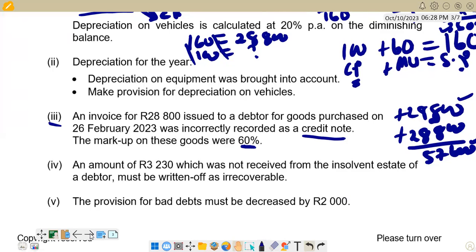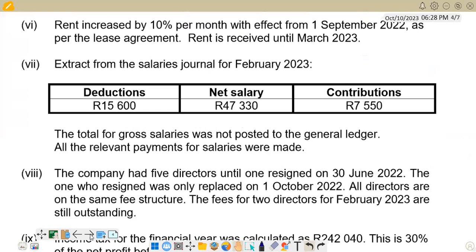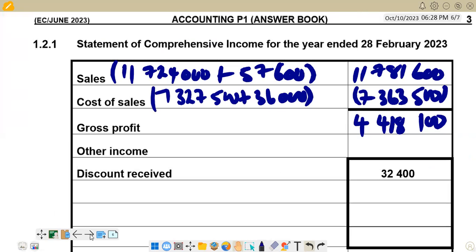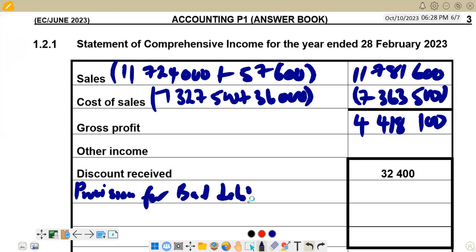So we go to the other income section, then we say provision for bad debts adjustment. And we are told that it's 2,000. So we are going to put the 2,000 there.